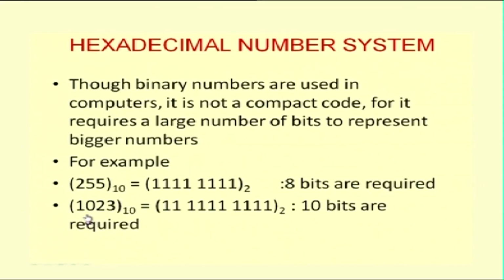Similarly, if we take another example like 1023, which is a decimal number, the binary equivalent comes out so long and 10 bits are required. Like this, if we take a bigger number, more binary digits will be required. So it will become difficult for computer personnel to remember and also to write down the binary number, and that is the reason why nowadays we prefer the hexadecimal number system.